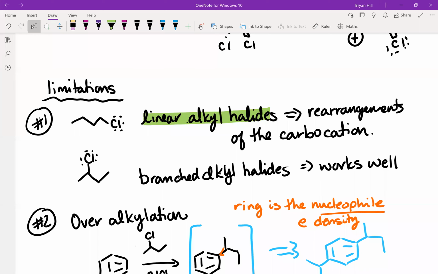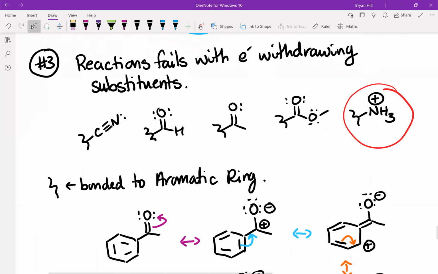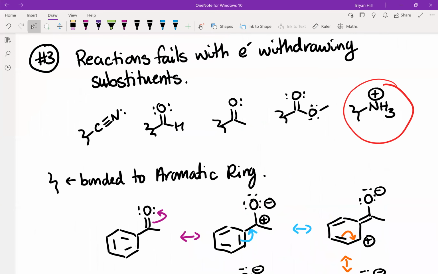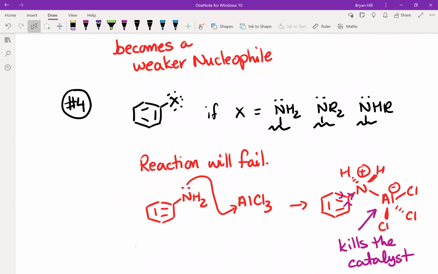So we're going to talk about how they overcome limitation number one, because it's a very similar reaction. But there is really no solution to number three or number four.